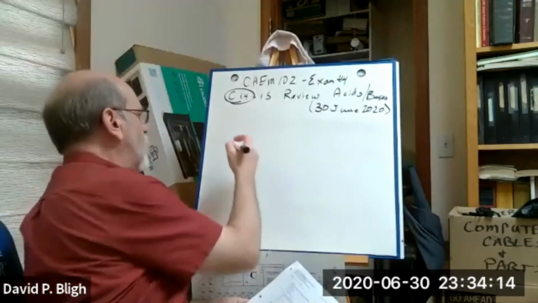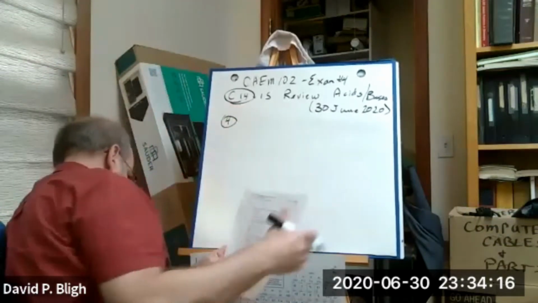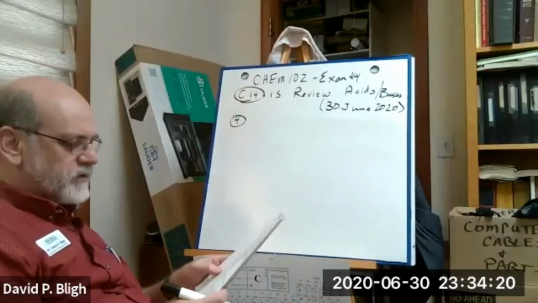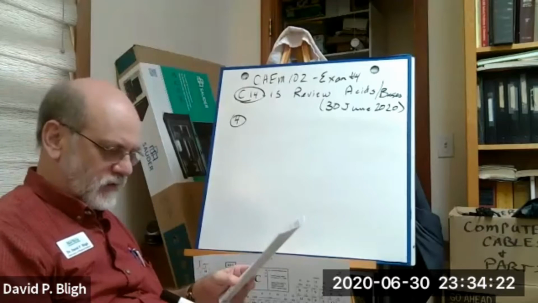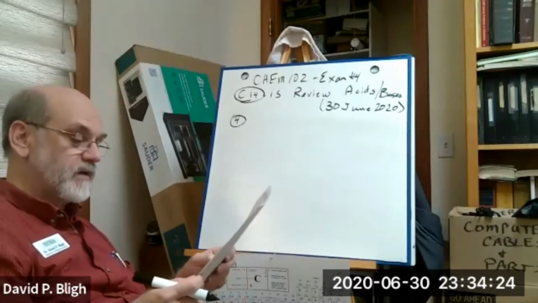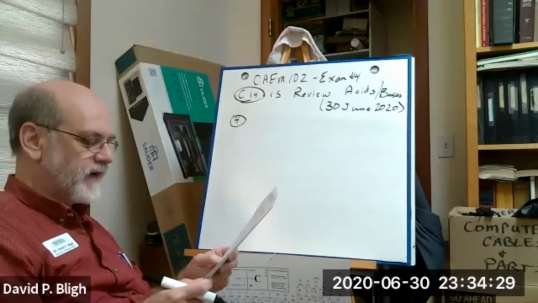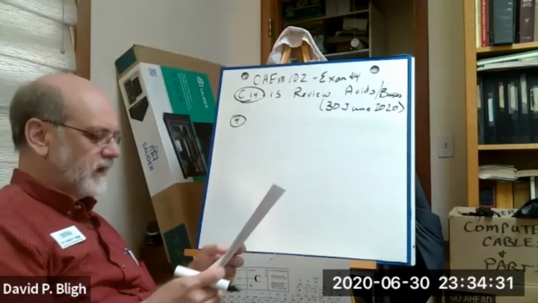Number 4. Let's see. Which of the following is not true for a solution at 25 degrees centigrade that has a hydroxide concentration of 2.5 times 10 to the minus 6 molar?